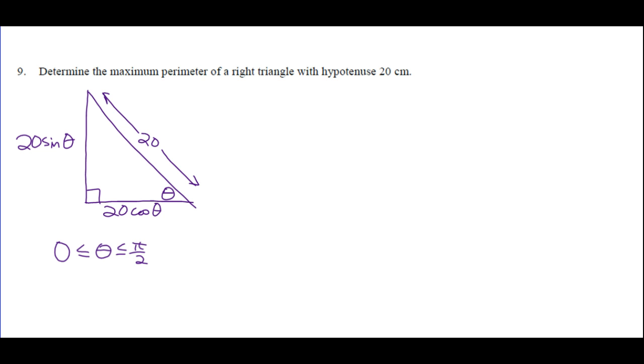And so the perimeter is 20 plus 20 sine theta plus 20 cos theta. I'm thinking of factoring out the 20, but I guess we don't need to do that.